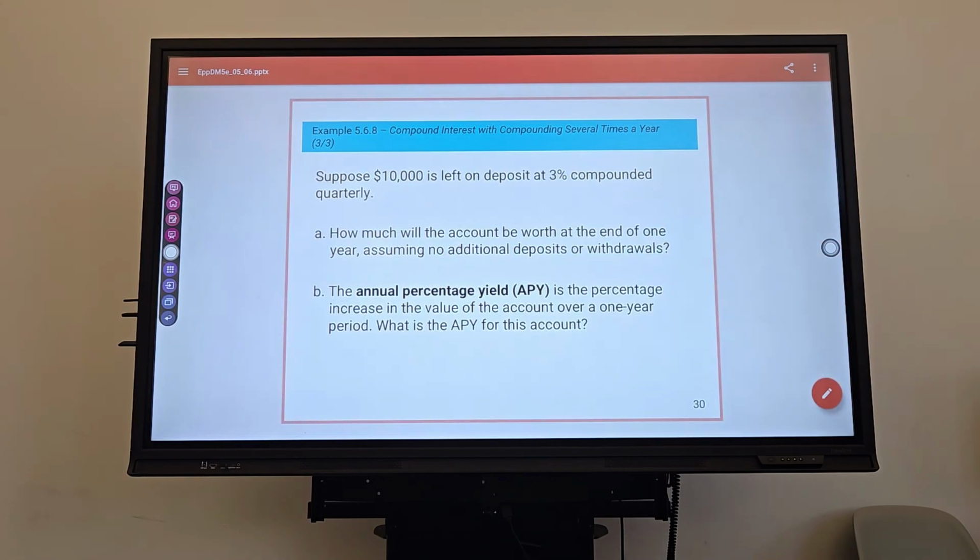Suppose $10,000 is left on deposit at 3% compounded quarterly. A: How much will the account be worth at the end of 1 year, assuming no additional deposits or withdrawals? B: The annual percentage yield is the percentage increase in the value of the account over a 1-year period. What is the APY for this account?